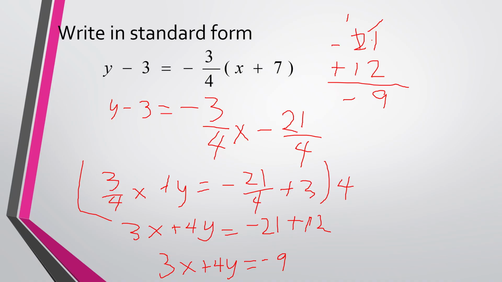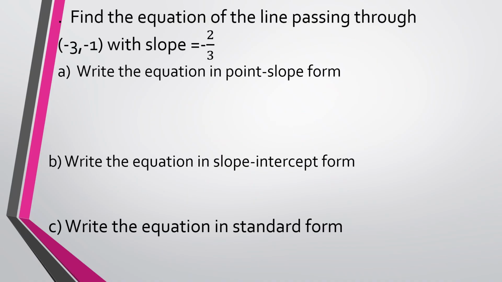Okay, next, let's have another. Okay, so let us continue. We have here, find the equation of the line passing through negative 3 and negative 1 with a slope negative 2/3. Okay, so we will write it in a point slope form. Y minus y1 equals m times x minus x1.